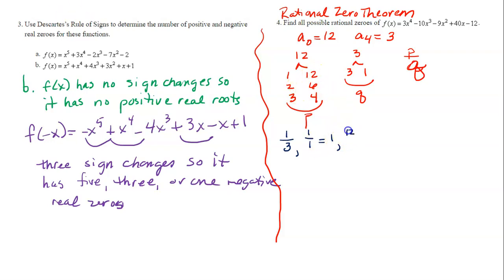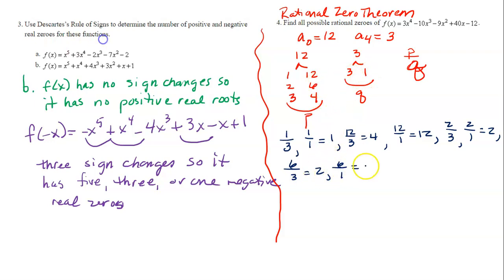Then 12 over 3, which is 4, and 12 over 1, which is 12. 2 over 3, 2 over 1, which is 2, 6 over 3, which is 2, 6 over 1, which is 6, 3 over 3, which is 1, 3 over 1, which is 3, 4 over 3, and then 4 over 1, which is 4.